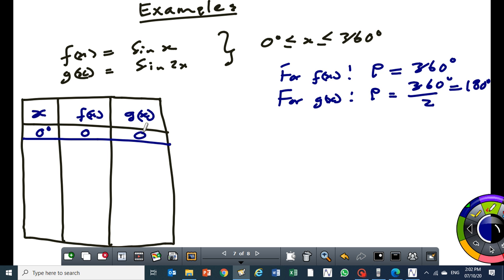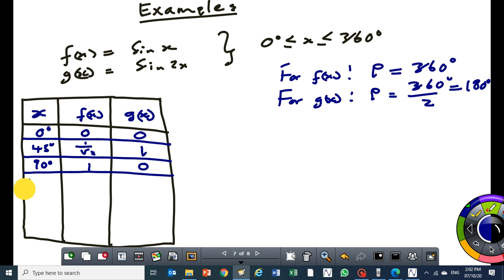Then, when you've got 45 degrees, sine 45 is 1 over square root of 2, sine 90 is 1. Then you get to 90. Use your calculator. Sine 90 is 1. Sine 180 is going to give you 0.